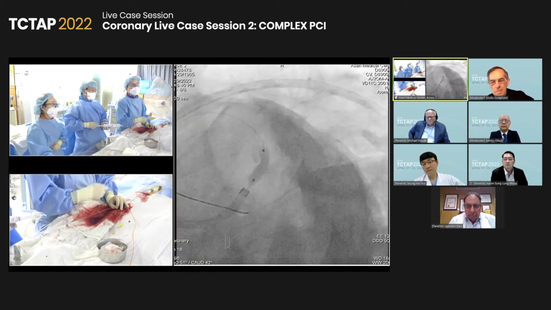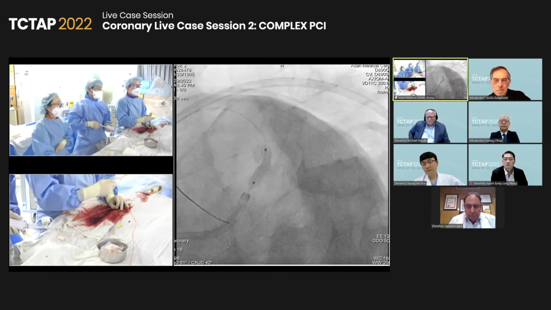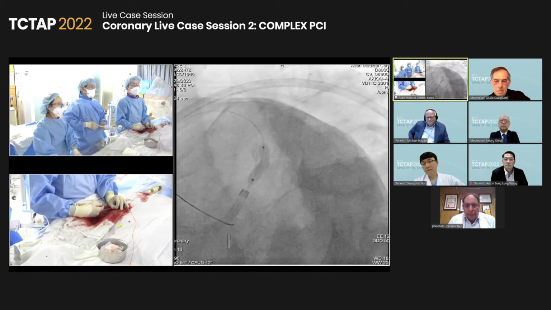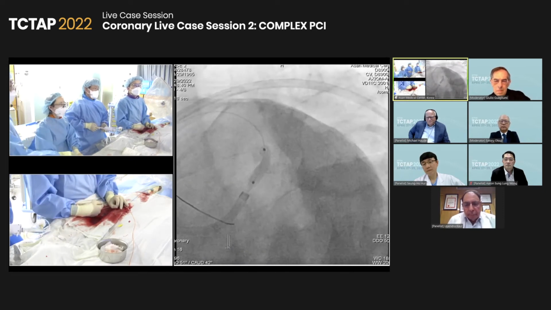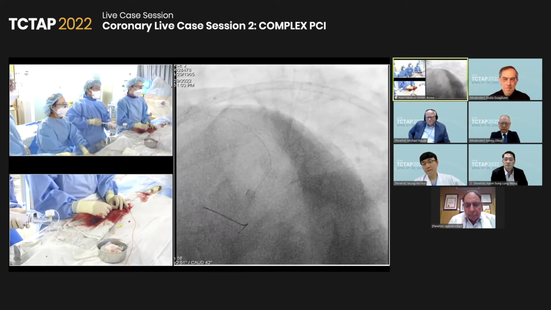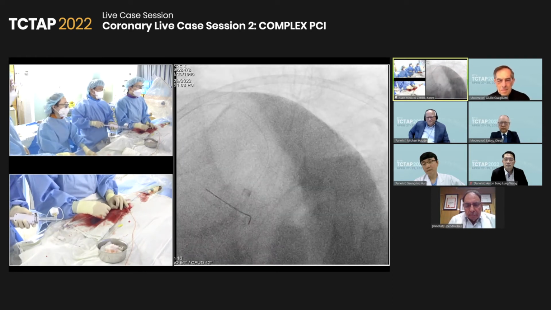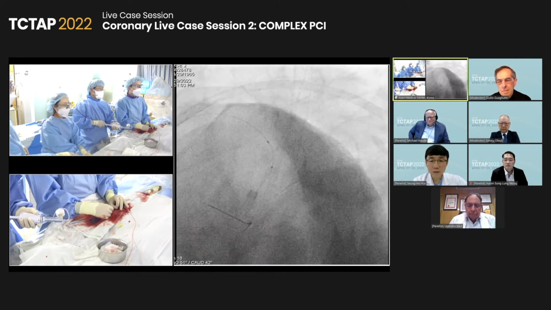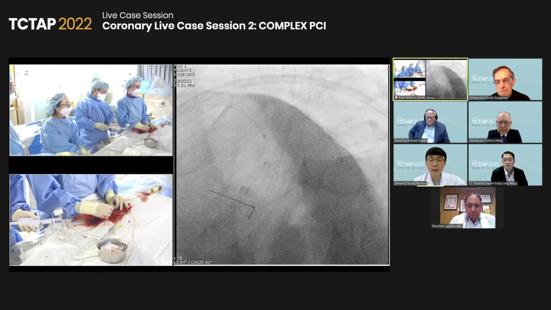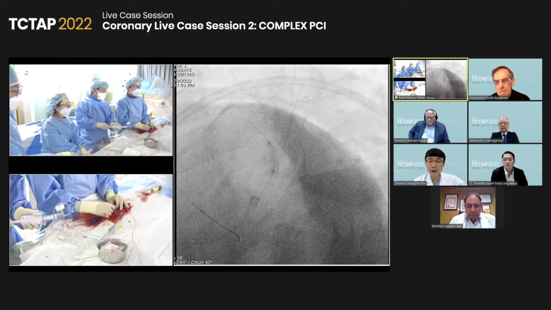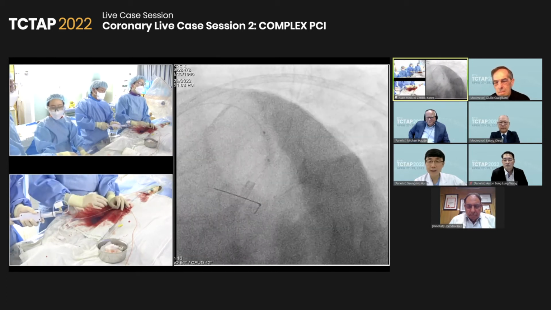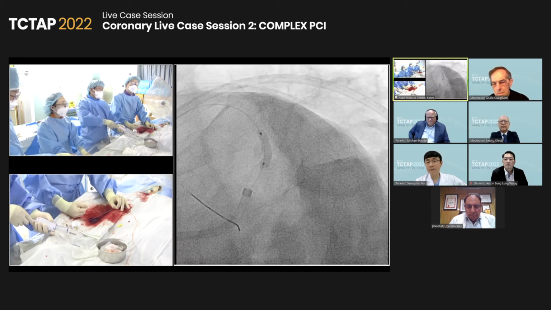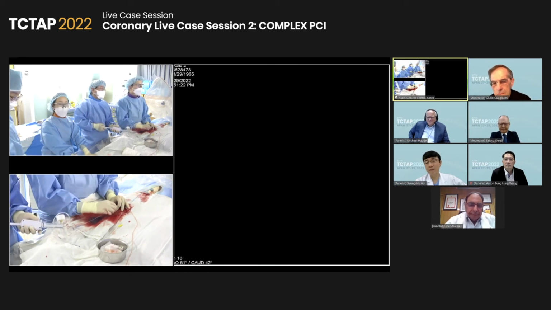This is the moment that Dr. Julio said that during the NC ballooning, some eccentric calcification was well seen in angiography. For the dilation, I will do another NC ballooning with a 3.5 at nominal. Dr. Gang, what is the stent size of the LAD to the left main? I'm considering a 3.5 by 38 millimeter stent for LAD to left main.